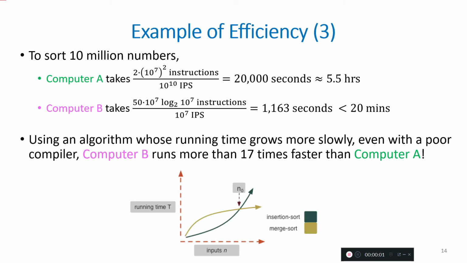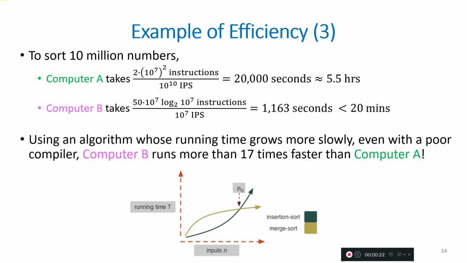We can calculate the time taken on each computer by taking the running time and dividing it by the execution speed of each computer. So for example, for computer A, we had 2 times n squared, where n was equal to 10 million numbers.